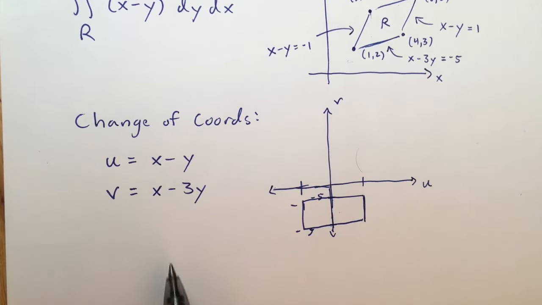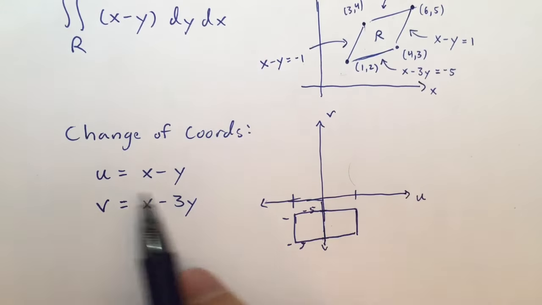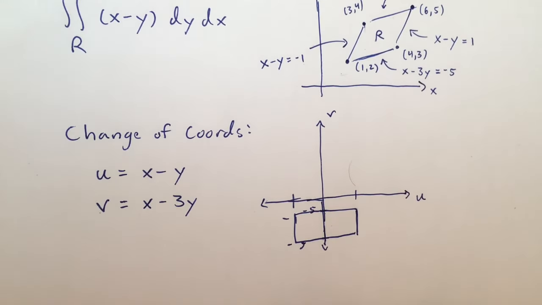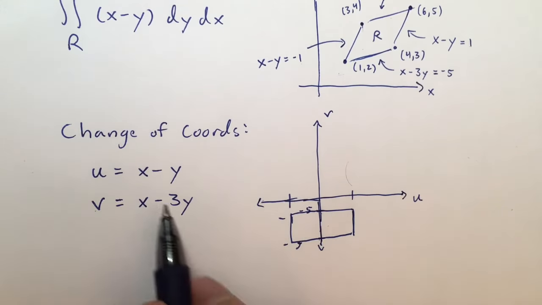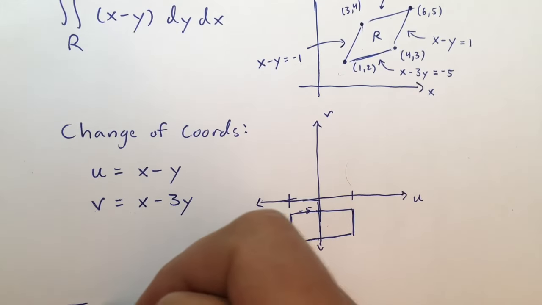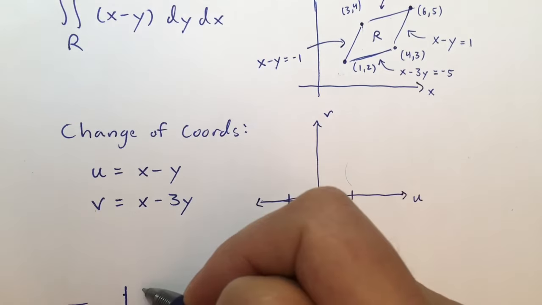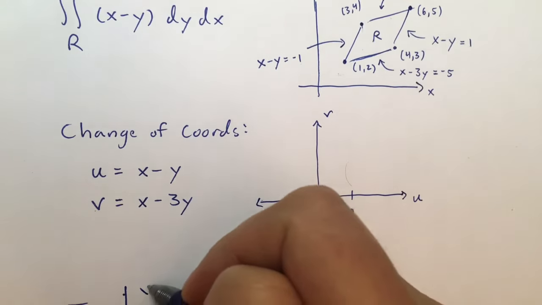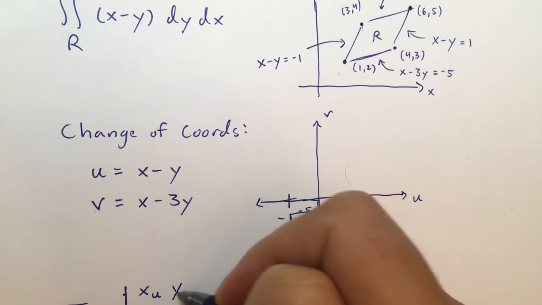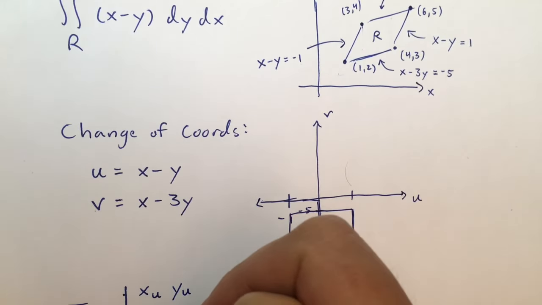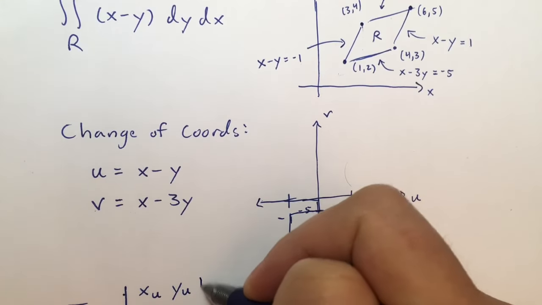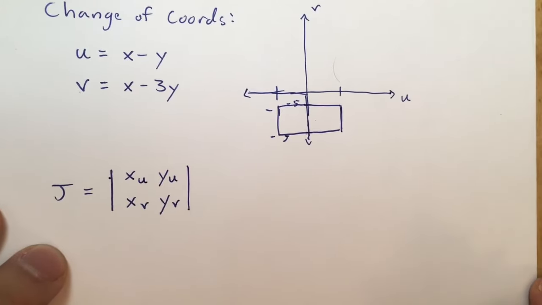Okay, so what do we have to do? Well, we have to compute the Jacobian. If we're going to convert from dy dx to du dv, we need to multiply by the Jacobian. The Jacobian is, one way to think of it, the determinant of x_u, y_u, x_v, y_v.